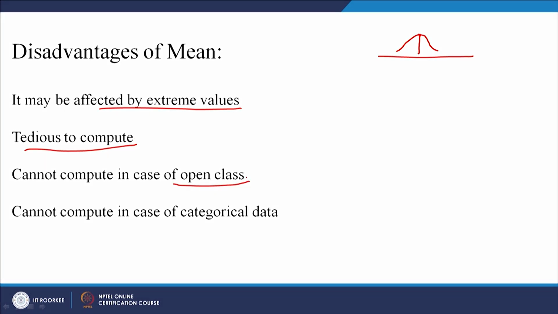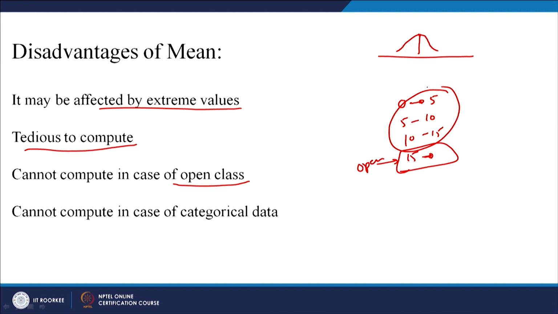When you have got grouped data, let us say your class intervals are 0 to 5, 5 to 10, 10 to 15, and then 15 onwards. So, this is your open class, all these are closed classes, right. This one is an open ended class, 15 onwards, right.